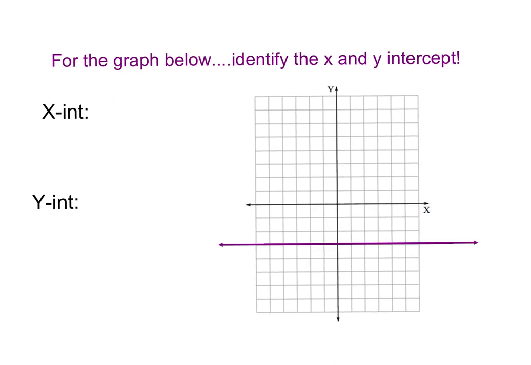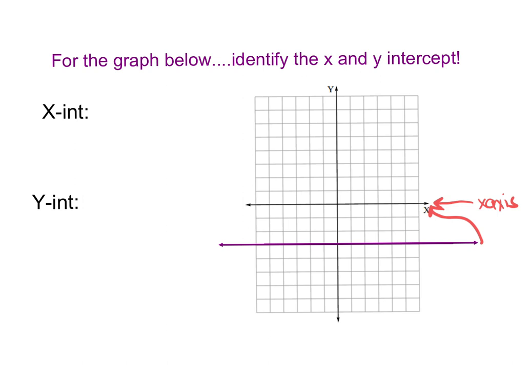So let's take a look at one last example here. When I go to look for the x-intercept, what I notice is that this line in purple never actually seems to cross the x-axis. While it's not super common, there are lines that will never cross the x-axis because they are parallel to it. And the same thing goes for the y-axis.